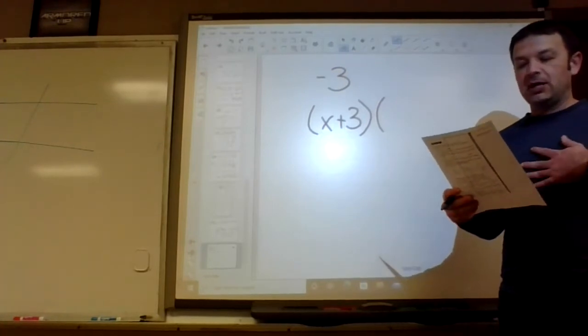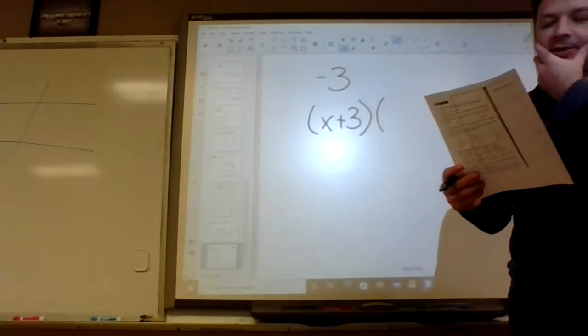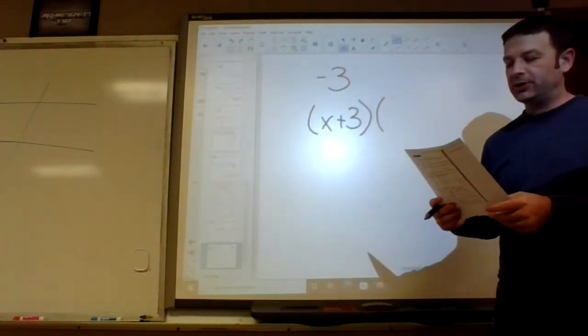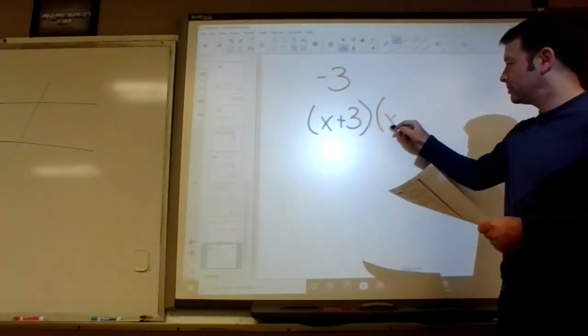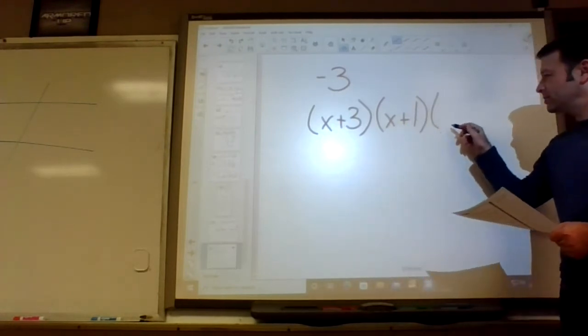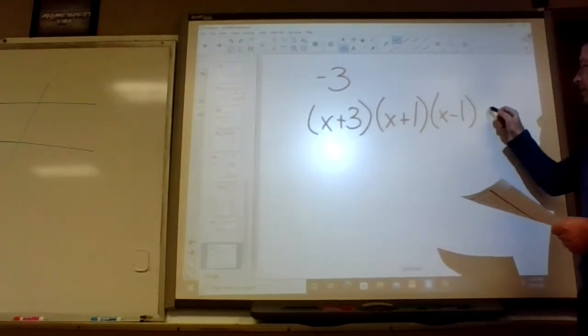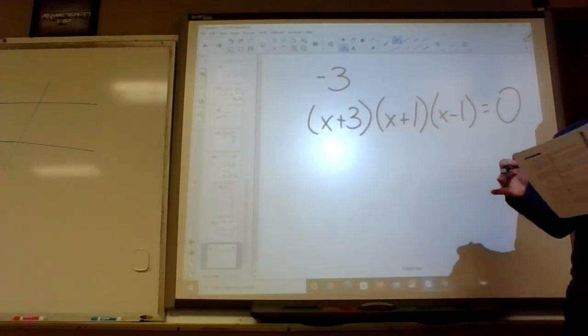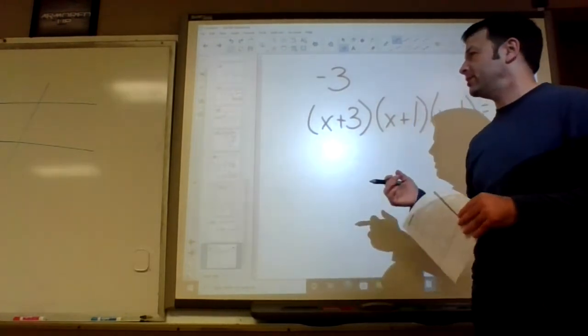On number 6, negative 1 is a root. You guys see where I'm getting these from? So what's another factor? X plus 1. And 1 is a root, so x minus 1. Here's the problem though. When the x value is 0, the function should equal 1, because the y-intercept's at 1.